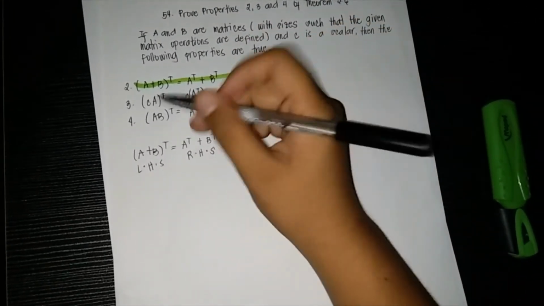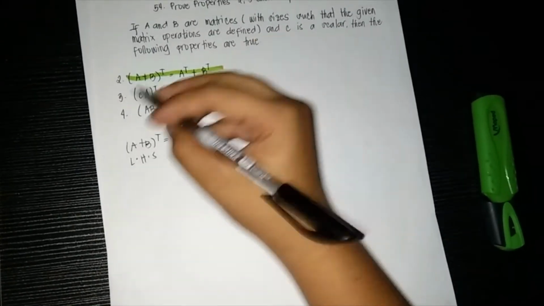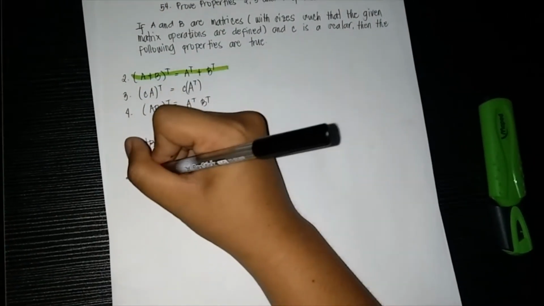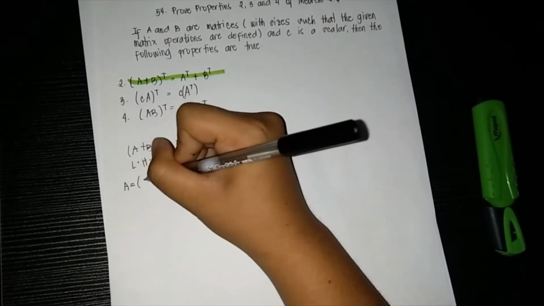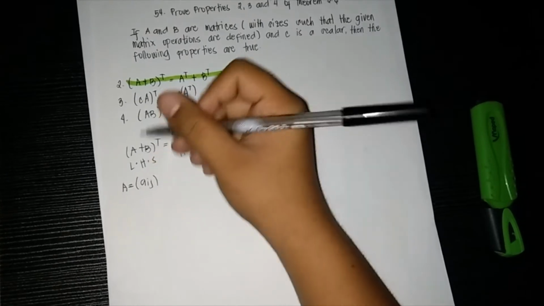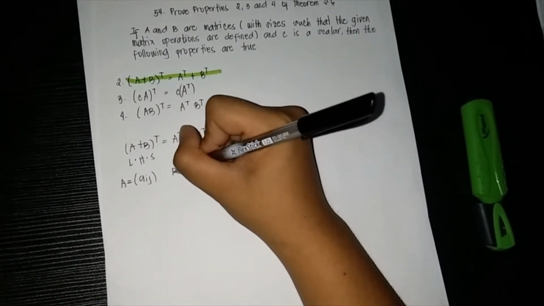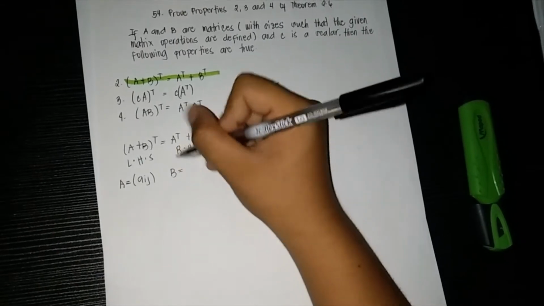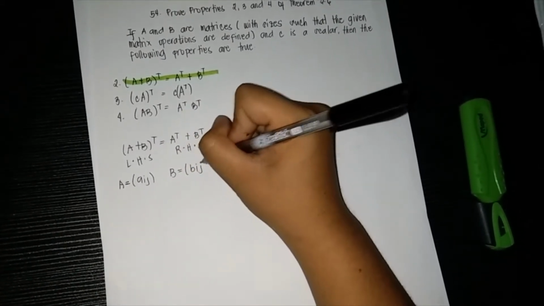Let's start with the left hand side. We all know that a matrix A is equal to Aij, and matrix B is also equal to Bij.